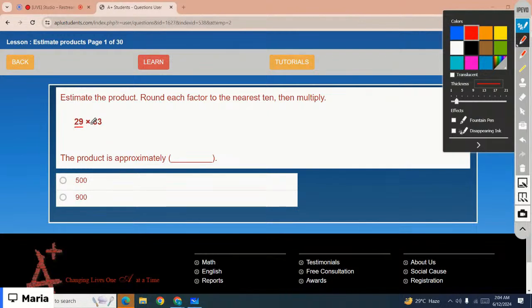Here you have 29. 29 is rounded off to 30, right? Because 29 is close to 30, right? Then you have 33. Again, 33 is rounded off to 30. So that would be 30 times 30. You just have to multiply non-zero values. You need to do 3 times 3, that is 9. Here you have 1 zero and here you have 1 zero. So answer must have two zeros. So the correct option is 900. Option number 2 is the correct option. Got it?